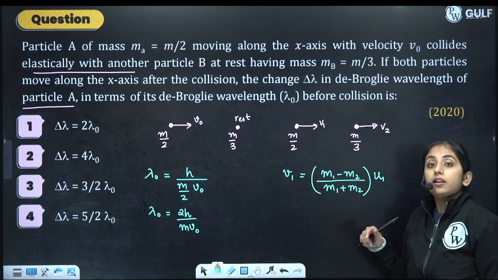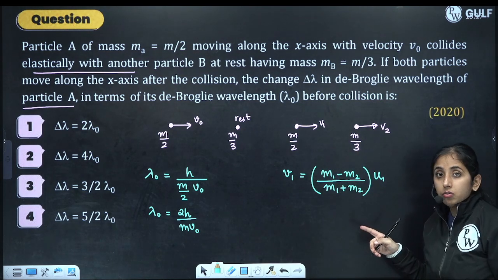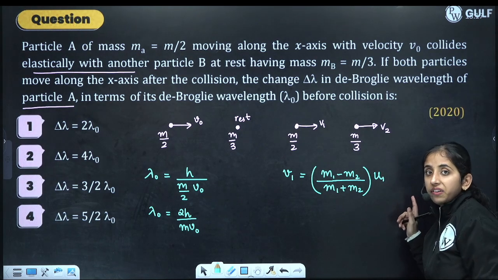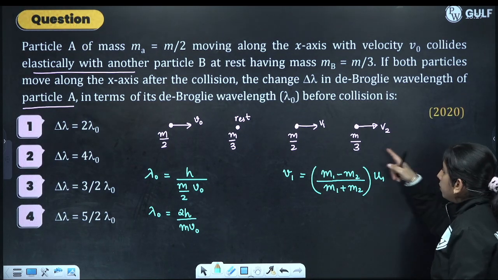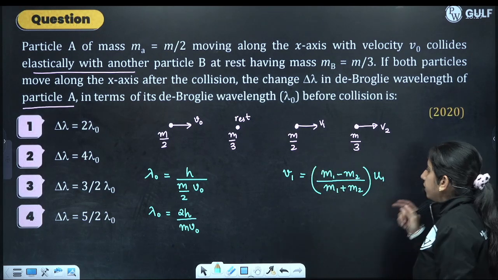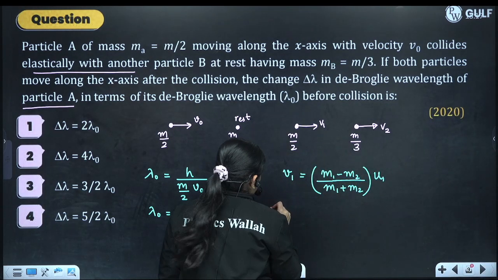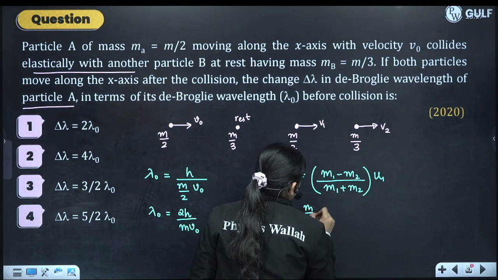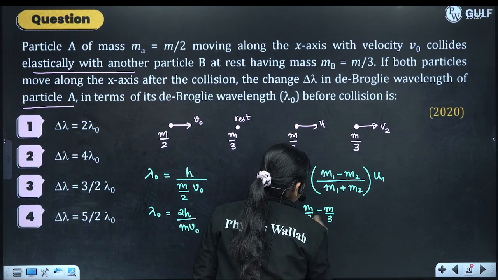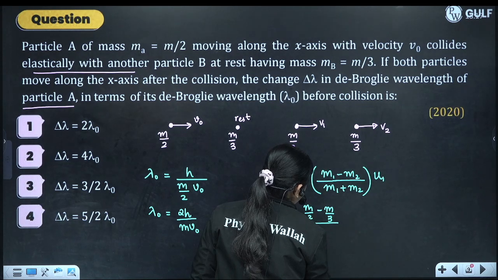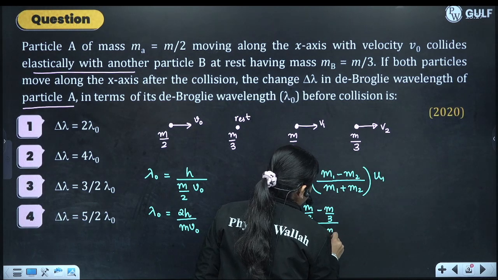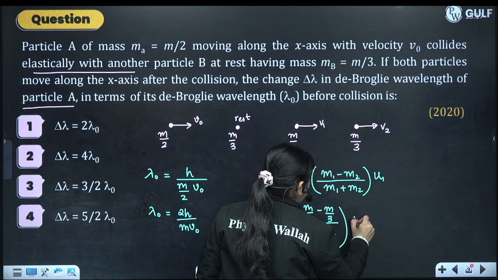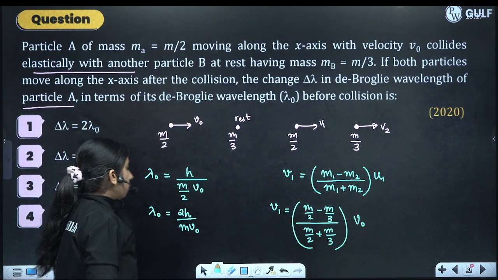This is the formula from elastic collision. And again we will have plus 2 m2 u2 divided by m1 plus m2. Now u2 is 0, so that factor will get cancelled. So v1 will be m by 2 minus m by 3 divided by m by 2 plus m by 3, into v naught.